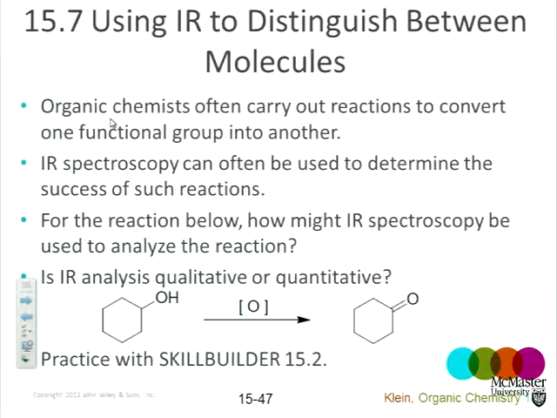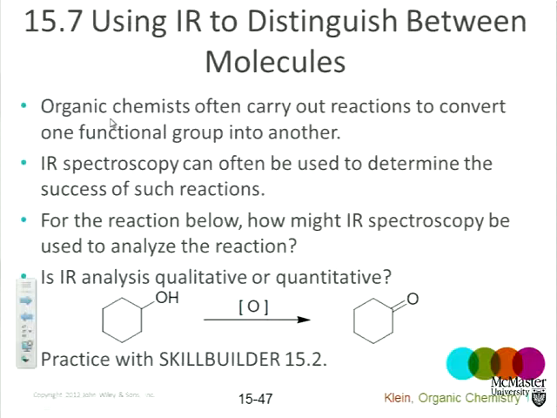Chromatography, right? So here's an example. You do the reaction, it's 90% done, but you've stopped it. So now you have to go in and separate using column chromatography. You do column chromatography, you've got two fractions. One's the alcohol, one's the ketone. How do you know which one's which? Run the infrared, right? Yeah?